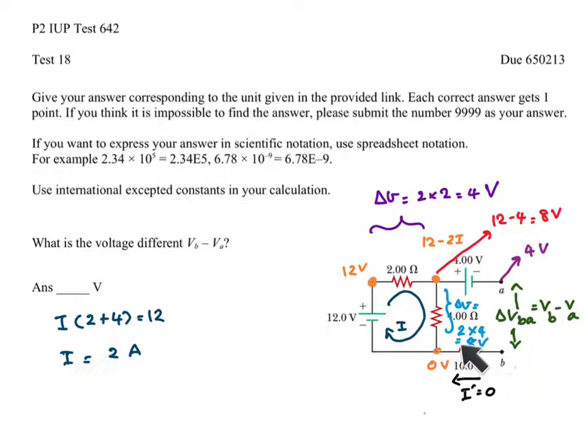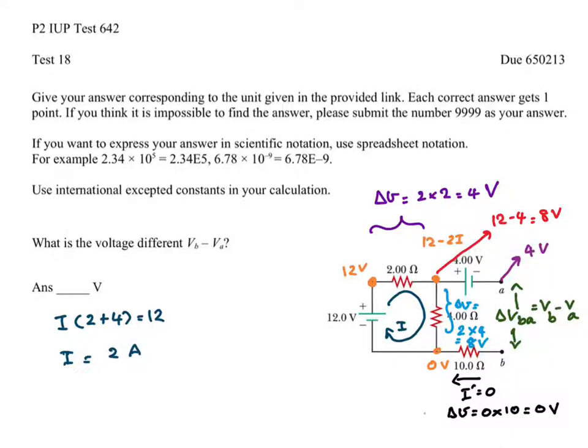And now when we look at this resistor, we know that this is an open loop. So it means that there is no current across this resistor. When there is no current, the voltage difference here is equal to 0 times 10, which is equal to 0 volt.